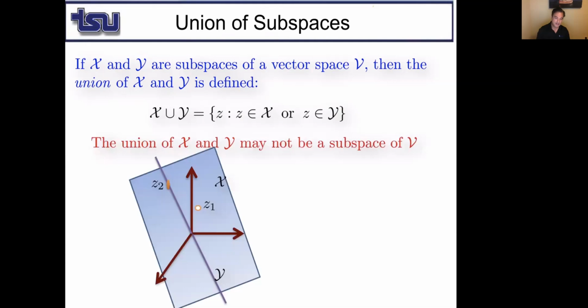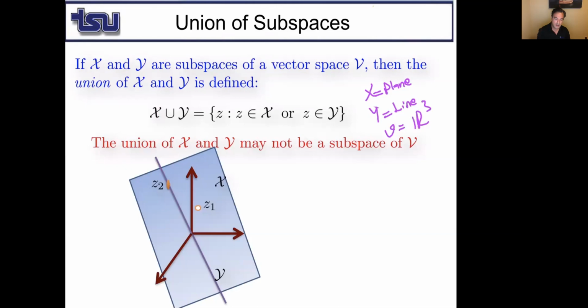Think about this. Assume X is this plane, which is a two-dimensional subspace of R3, Y is the line, and V is simply R3. As you see here, the plane is a subspace of R3, and the line is a subspace of R3.